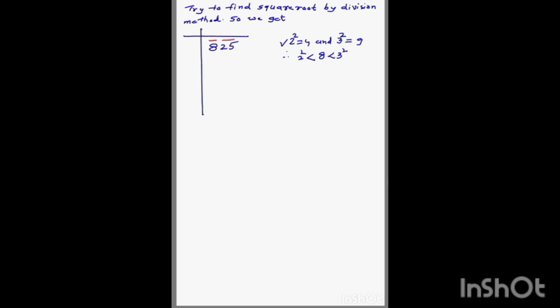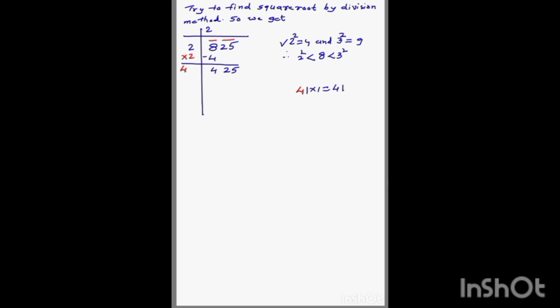This is the second step of the method. So 2 twos are 4, subtract it to get 4, and bring the whole block 25 down. Now another step: multiply this number by 2. Now it is 2 only, so 2 into 2 is 4.